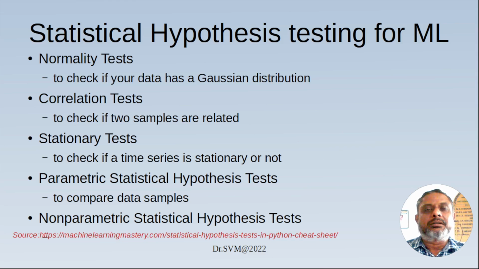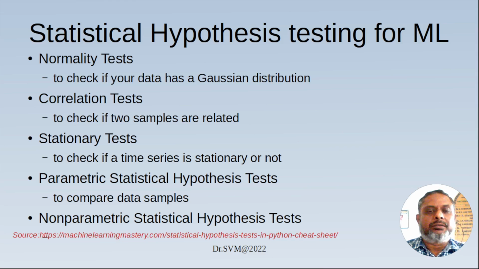Basically, there are five types of hypothesis test we prefer to work on for machine learning data. One is a normality test, to check whether the data we have has a Gaussian distribution or not. Then we have a correlation test, used to check whether two samples are related in some way or not.